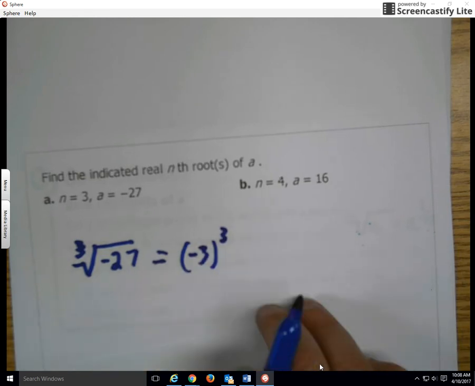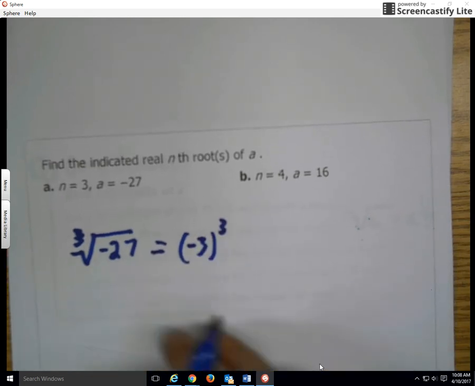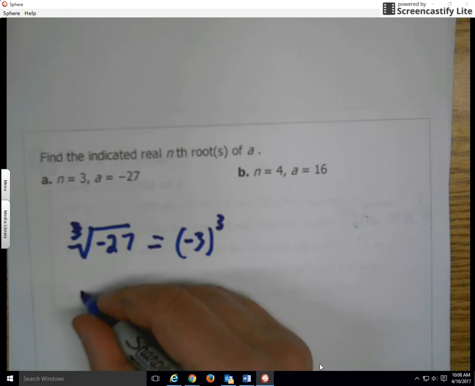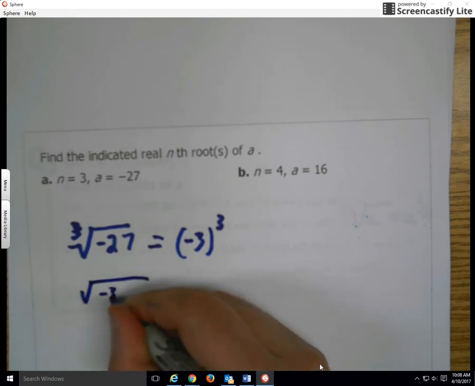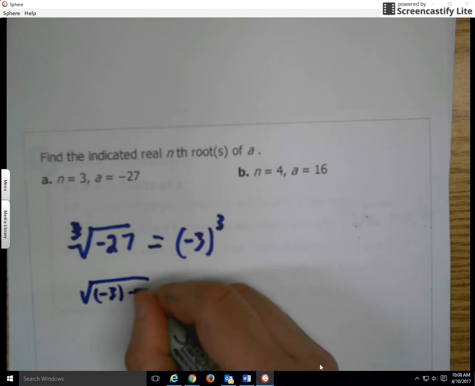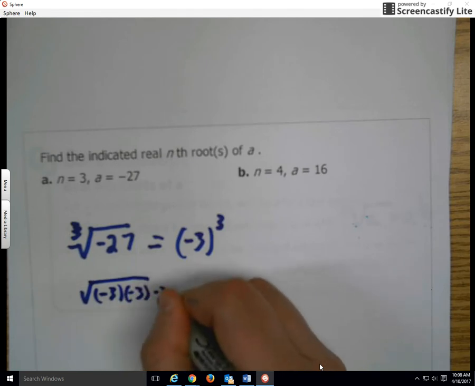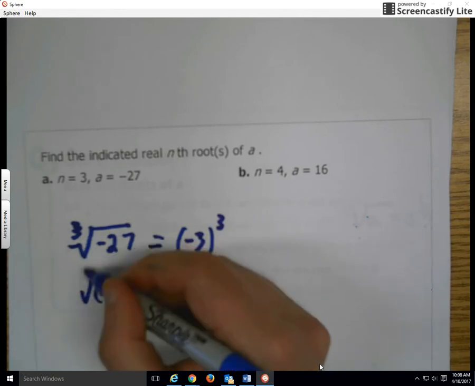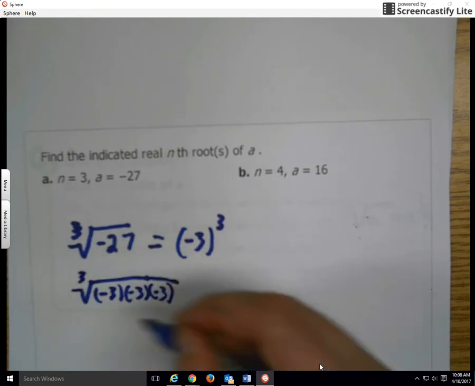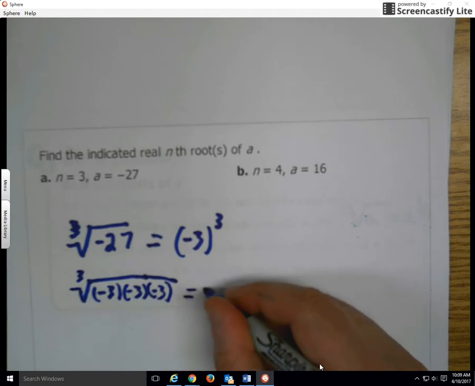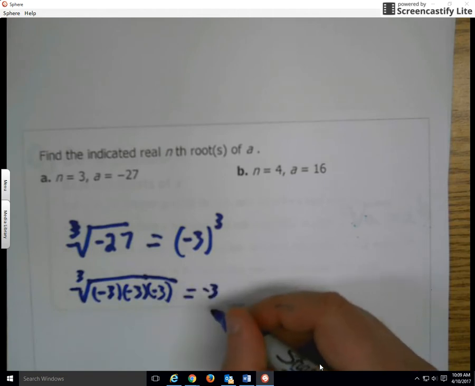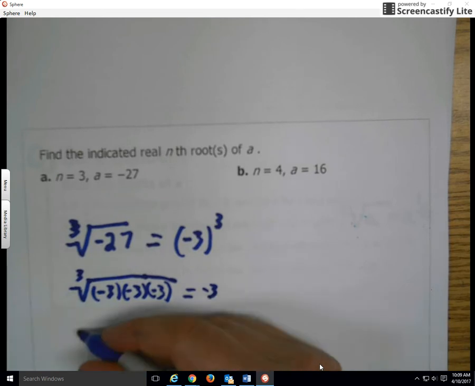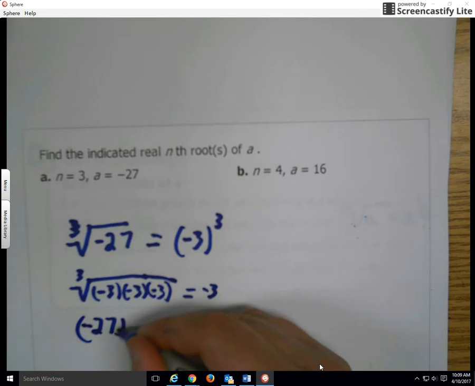And if we were to write that in factor form, it'd be like negative 3 times negative 3 times negative 3. But one-third of those would just equal a negative 3. Another way it could also be written is if we wrote it as negative 27 to the 1/3.